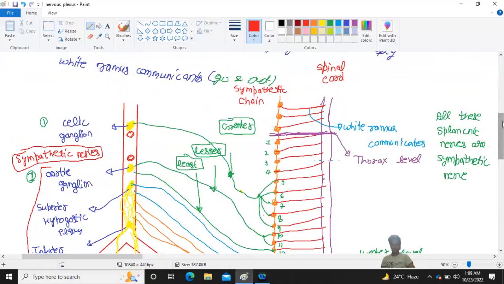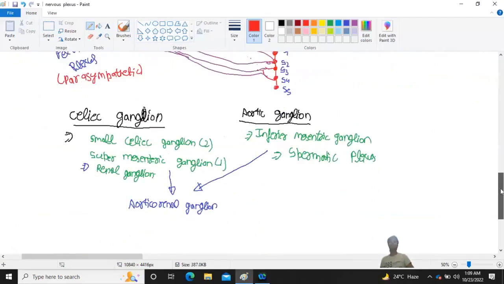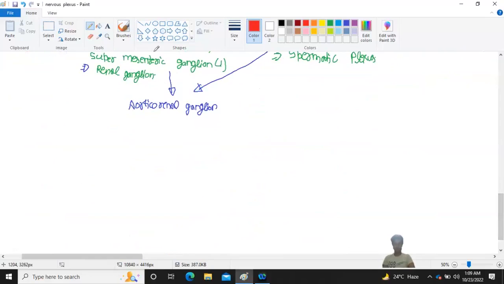Then from these also supply the stomach. So we can write the stomach supply. How does the splanchnic nerve supply the stomach?